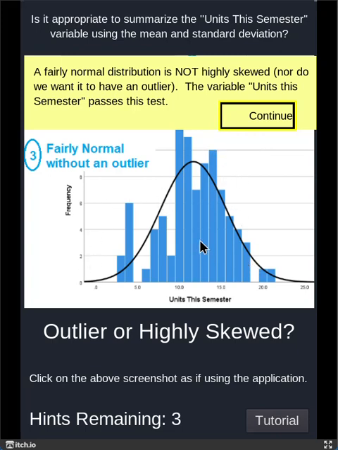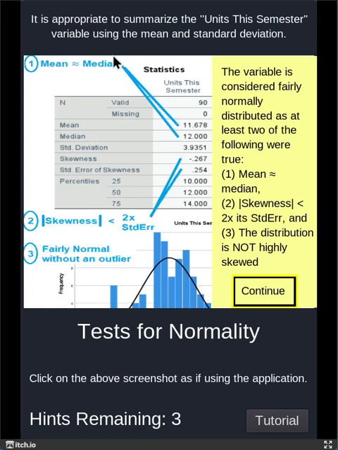Yeah, it's a little sloppy, a little messy, but it's fairly normal. It's not shouting at us that it's heavily skewed. There's no big outlier out there. So we are good to go with reporting the mean and standard deviation. Here are our 3 tests, and it passed them just fine. So units this semester, mean and standard deviation.